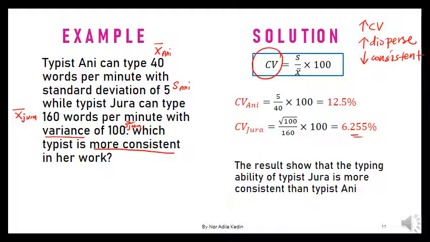So, the result show that typing ability of Jura is more consistent than Ani because CV Jura is less than CV Ani. Please justify your answer.